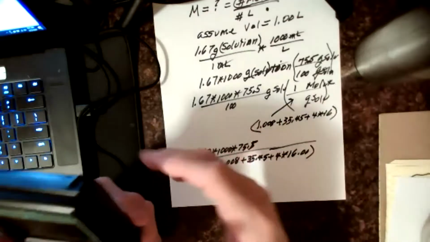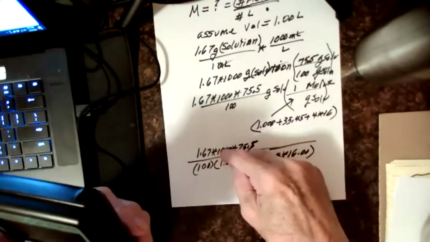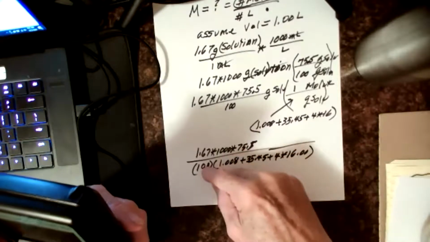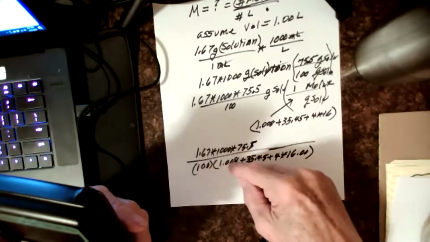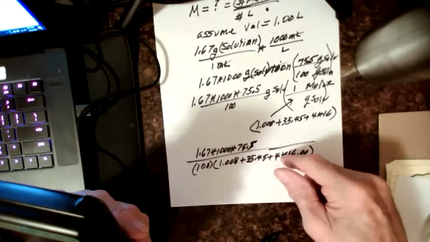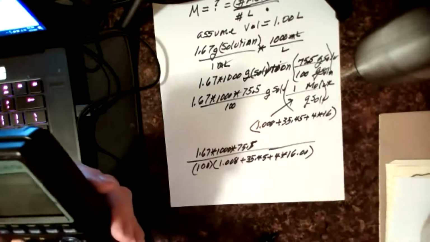So I'm looking at my screen. 1.67 times 1,000 times 75.5 divided by 100 divided by a quantity 1.008 plus 35.45 plus 4 times 16. Looks like it's correct.